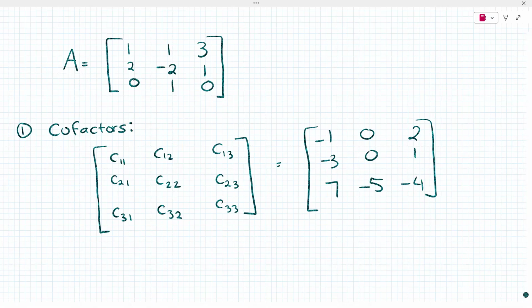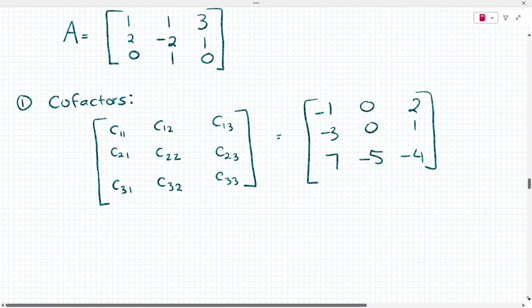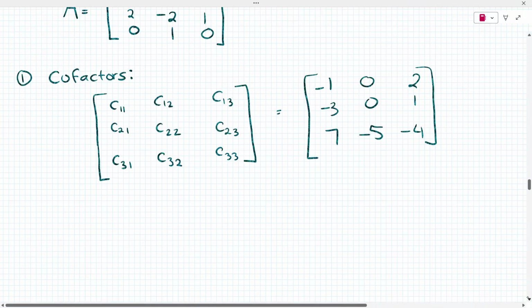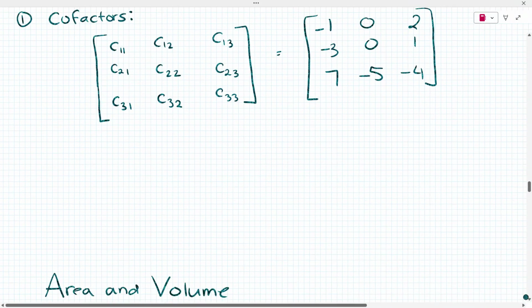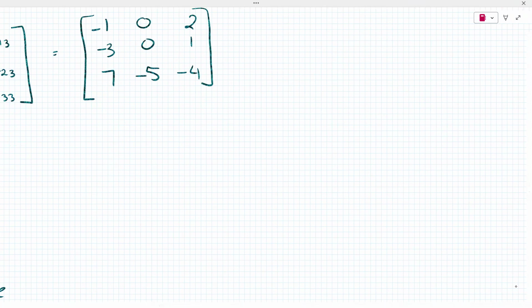Yeah, if you need to review that, go look at the previous example, and that's how you got the cofactors. Okay. And then next step is I'm going to do the correct signs. Here, I'm running out of space on the bottom, so let's put it on the right.